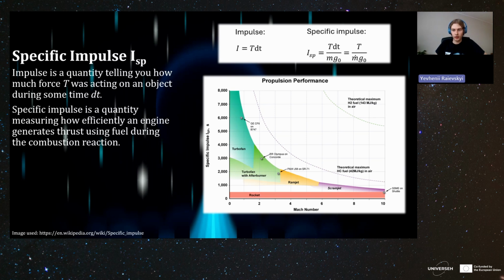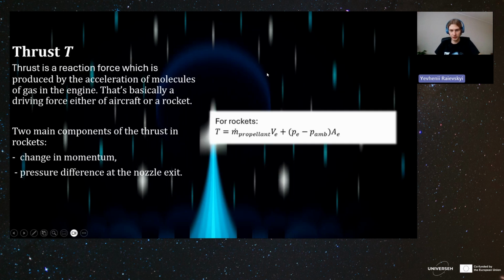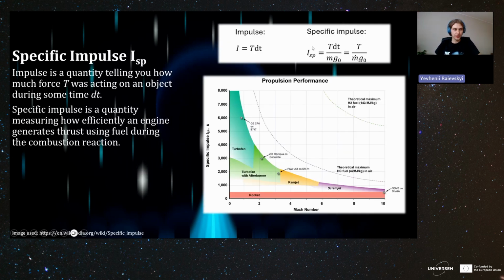As I've said previously, rockets have higher specific impulse and thrust beyond the atmosphere because of the bigger pressure difference. And so the specific impulse would also be bigger. On this image there is a comparison of different engines, jet engines and rocket engines.